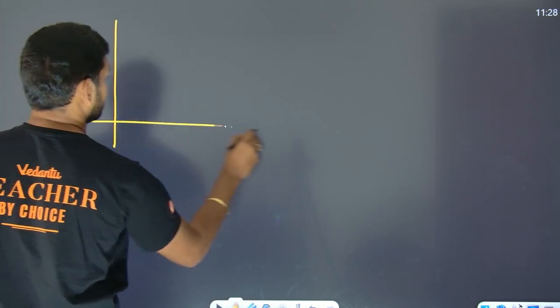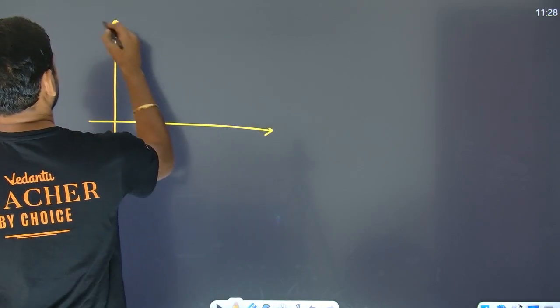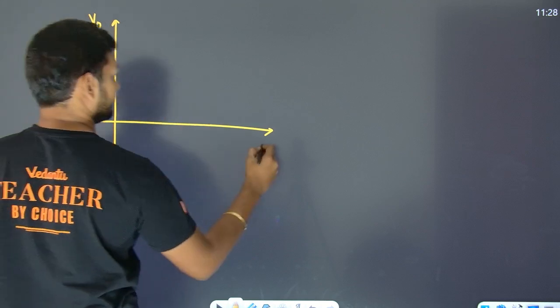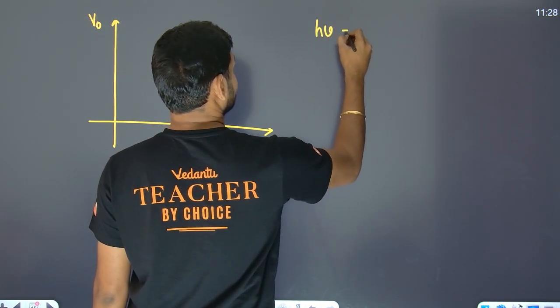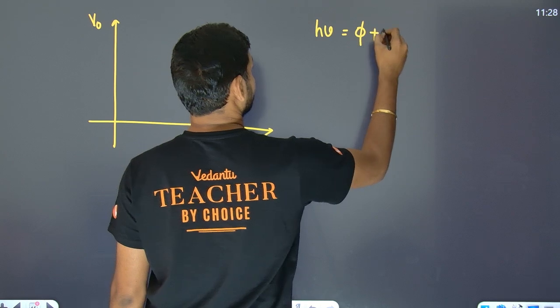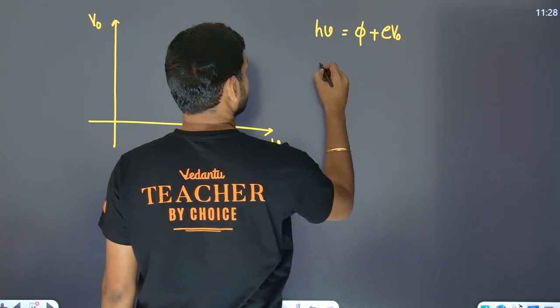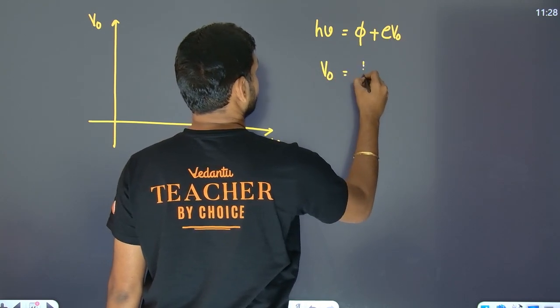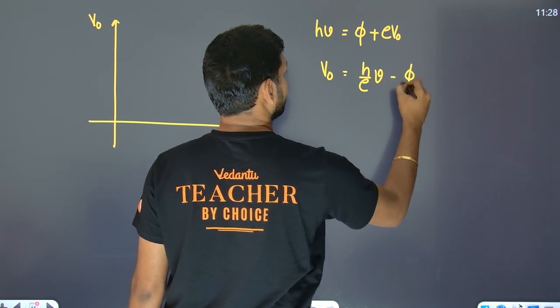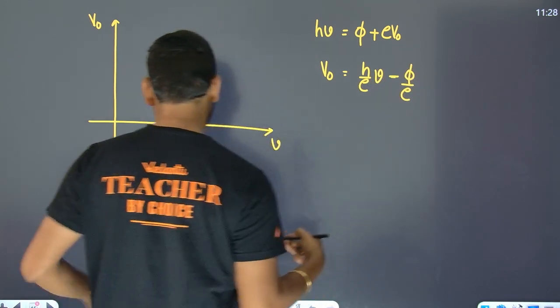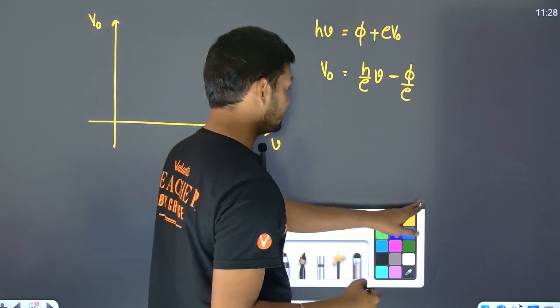See, if I am going to talk about stopping potential versus frequency, you know that h nu, that is the energy of photon, is work function plus eV naught. So from here, you can write V naught as (h by e) nu minus phi by e. So what is plotted on y-axis?